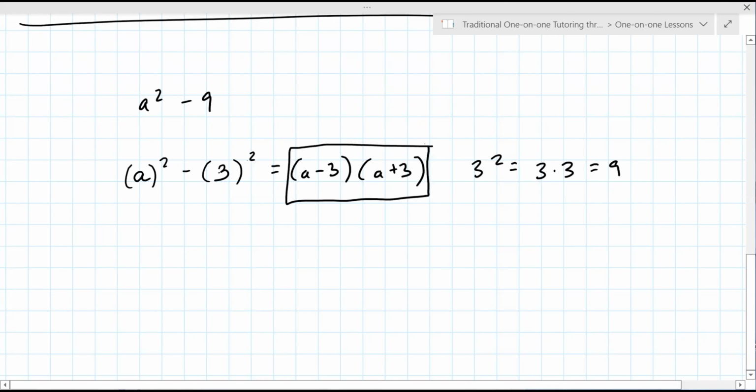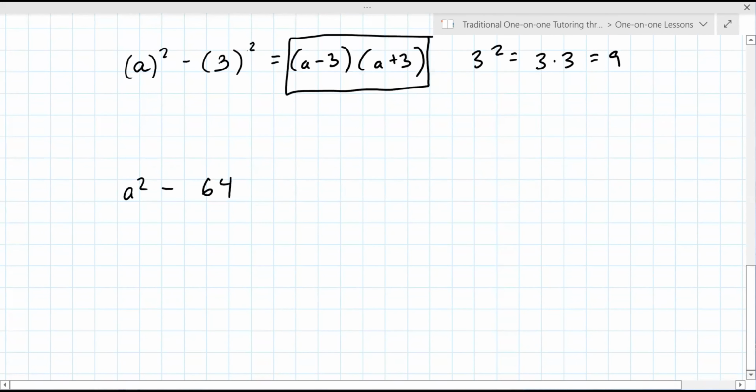Okay. Let's say it's A squared minus 64. You have to figure out, what is it squared minus what is it squared? So what do you square to get A squared?